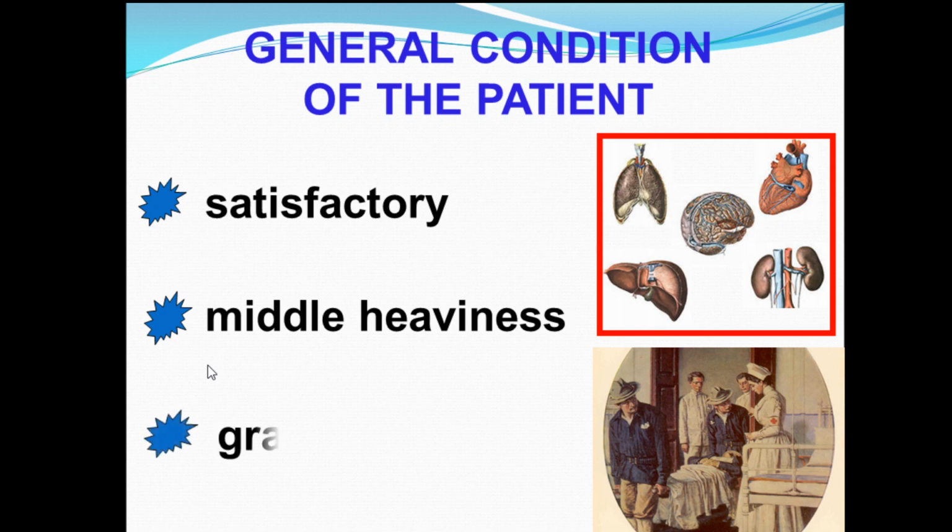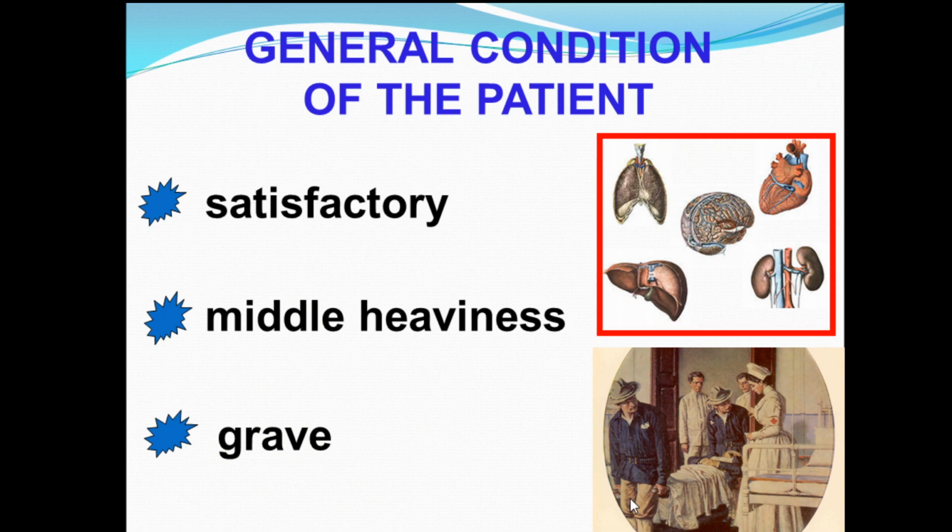And grave condition is characteristic for the patient with insufficiency of vital organs. In other words, maybe all or more than two vital organs are affected and their function significantly disturbed, such that we cannot give any prognosis for the patient's life. His life can be stopped any time.